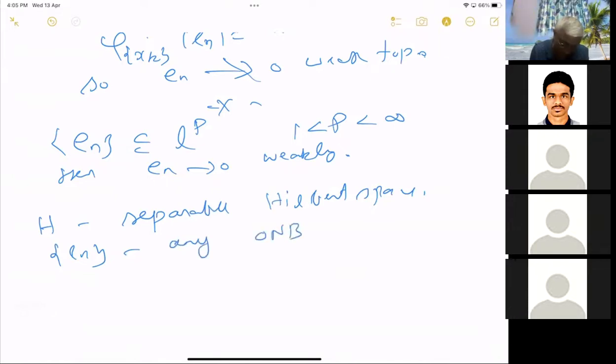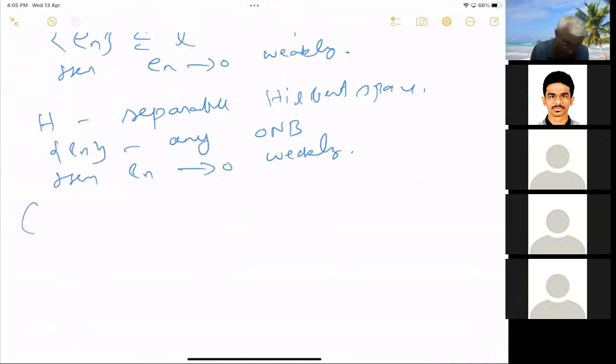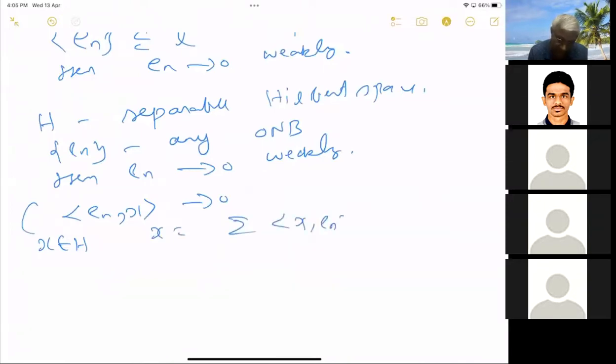Then e_n converges to 0 weakly. What do you have to do? You have to verify that <x, e_n> goes to 0 for any x in H. But x is equal to the summation of <x, e_n> e_n; there is this expansion.